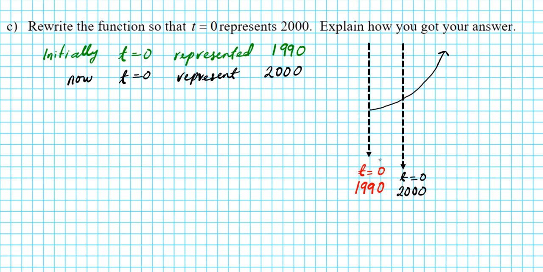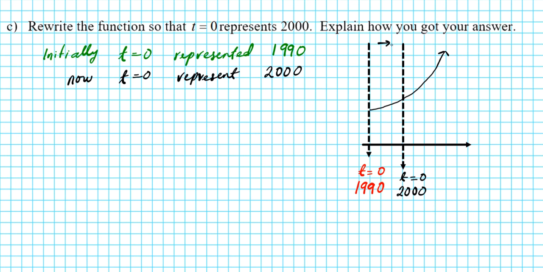So take a look at this visualization for a second. If you shift your y-axis to the right, what's happening with the graph? It appears as though your graph is getting shifted to the left. So you can do one of two things.